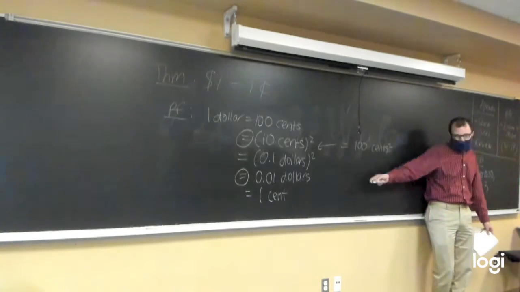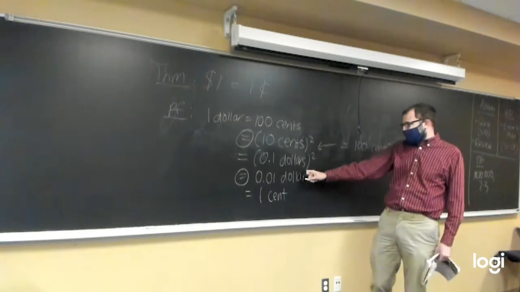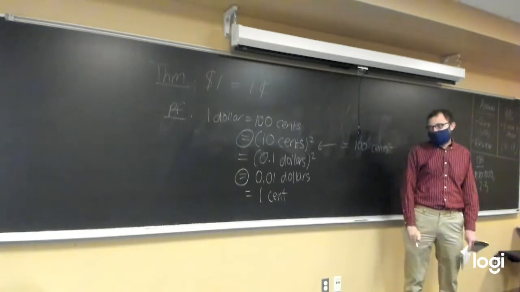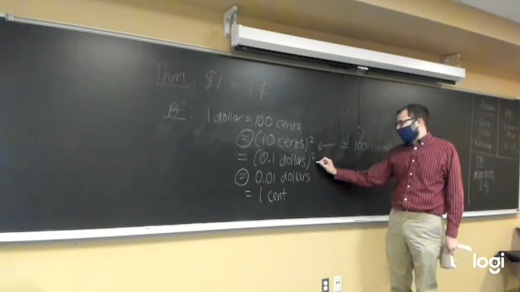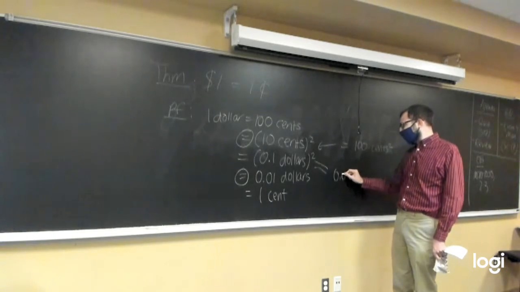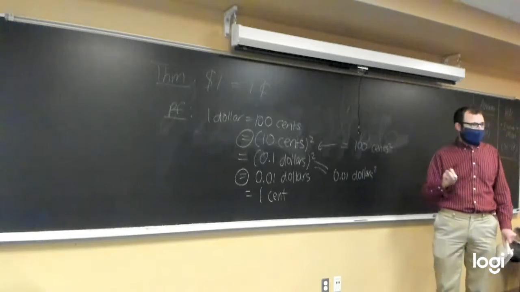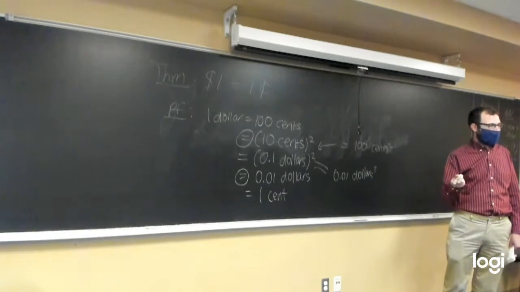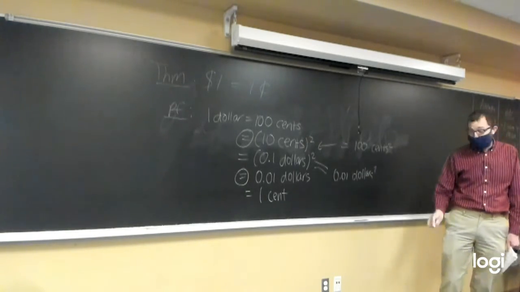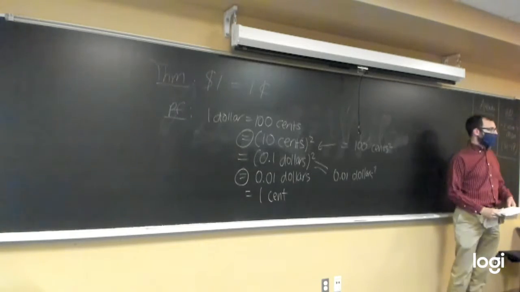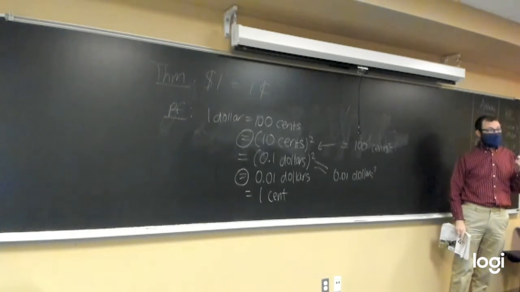So basically, this does not work. And for similar reasons, you can't say that $0.1 squared is going to be equal to $0.01. Really, this should be equal to something like 0.01 square dollars. Like if you take a dollar and you cut off part of it so it makes a square. But yes, the moral of the story is always be careful in watching your units.